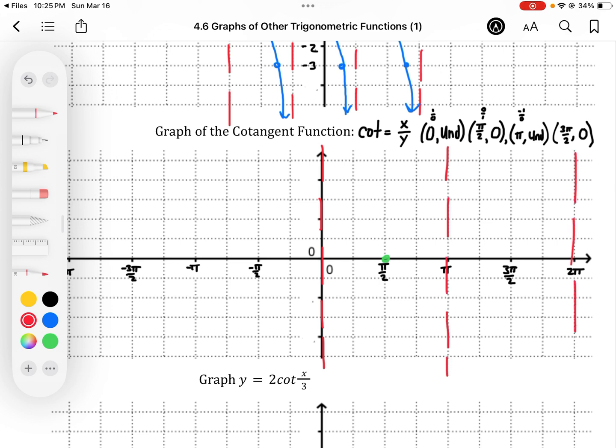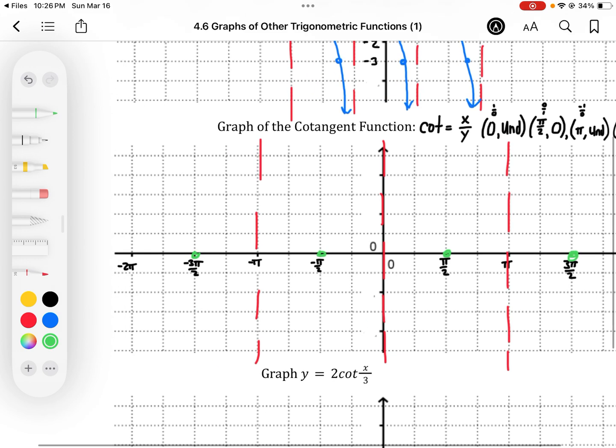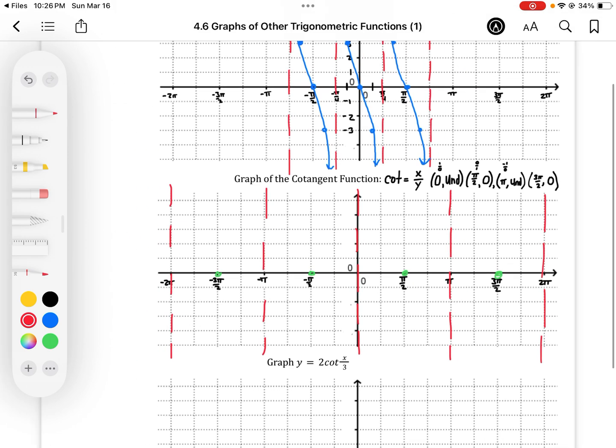At 2 pi, I have another asymptote. And we've got zeros between all these. And same thing going the other way. So the setup looks the same. We've got asymptotes, we've got zeros halfway between the asymptotes.